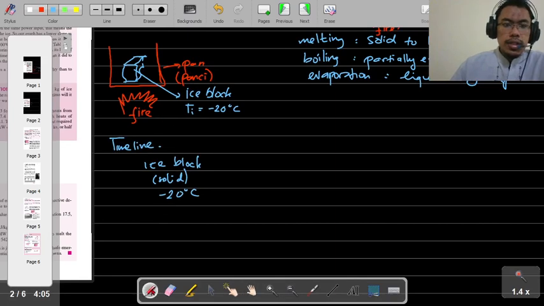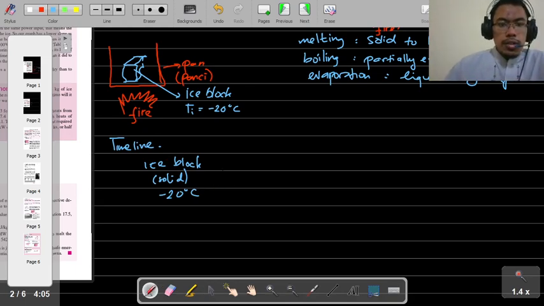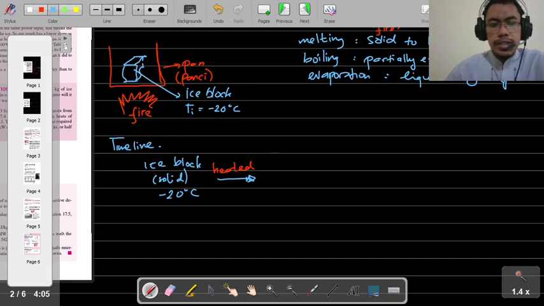Okay, so we go back to this. It's the timeline. We have the ice block, which is solid. The temperature is minus 20 degrees Celsius, and then we put heat on it, and the temperature will rise.